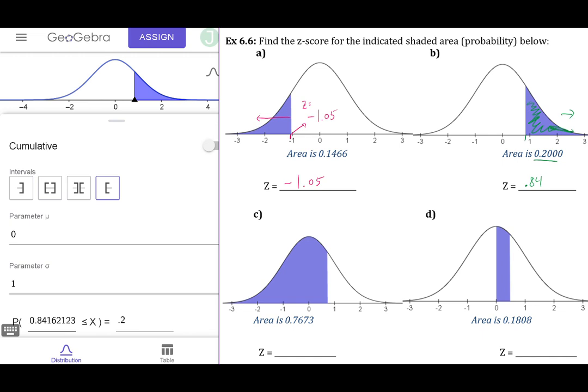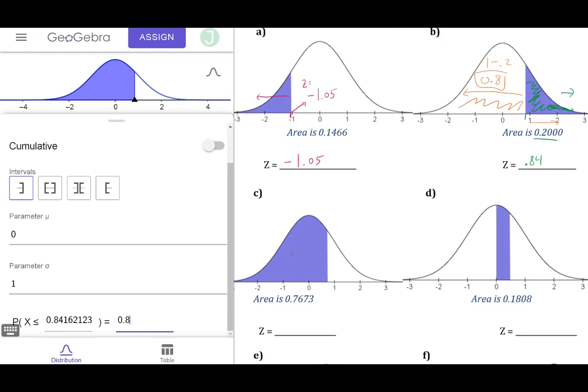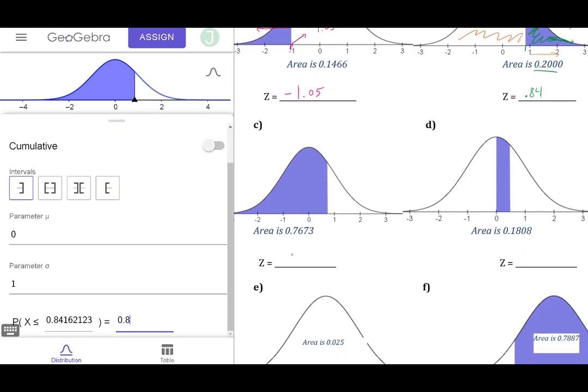The second way we could do this is, well, if we know that the area to the right is 0.200, then we know that the area to the left, the complement of it, would be 1 minus 0.200, or 0.8. So I could have just done, for my left shaded region, an area of 0.8. And we got the same z-score of 0.84.